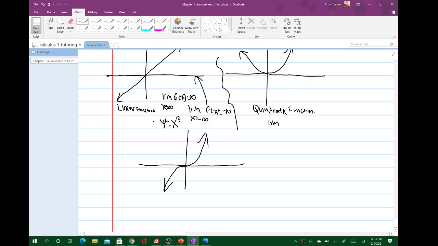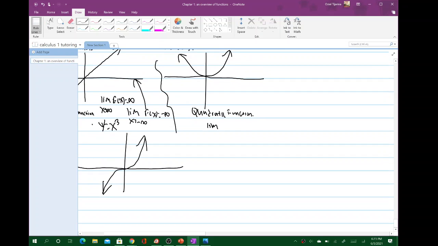That's for the cubic one. And then for the quadratic function, the limit as x approaches infinity of f of x is infinity, and then the limit as x approaches negative infinity of f of x is infinity. Okay.